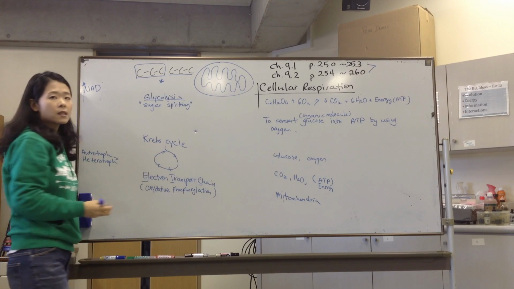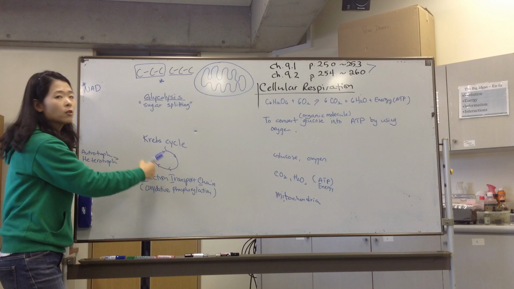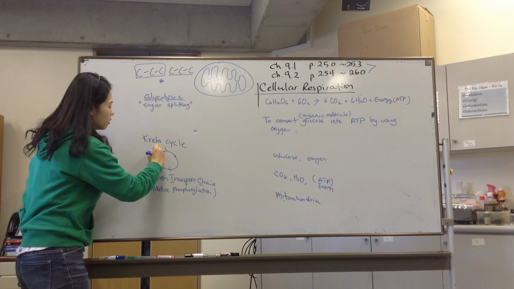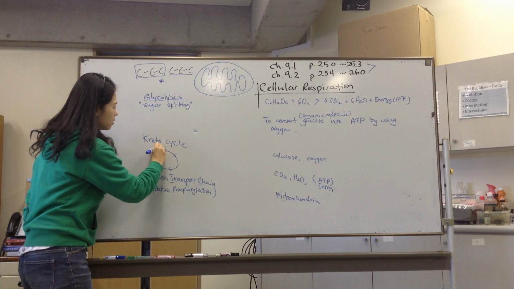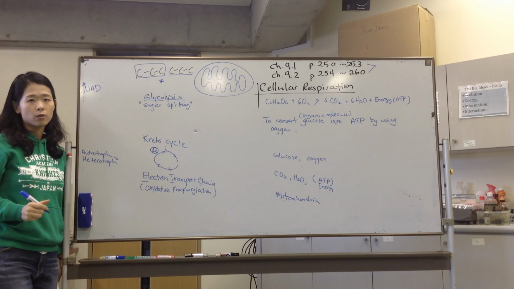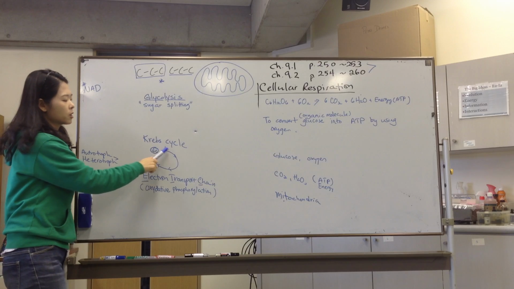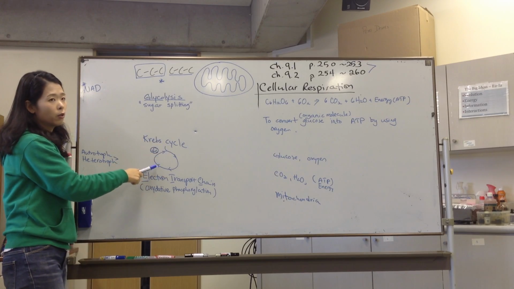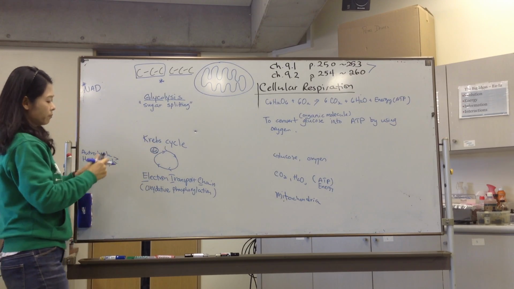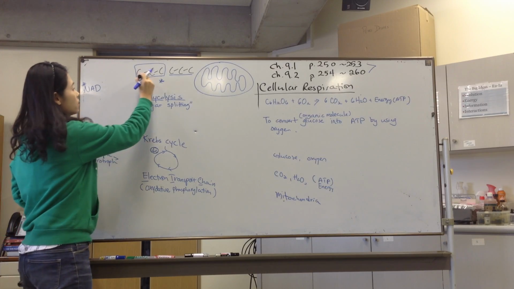In the cycle, what cycles is a 4-carbon molecule that exists in the cycle. This 4-carbon molecule just keeps going around and around. Now, glucose has been split.